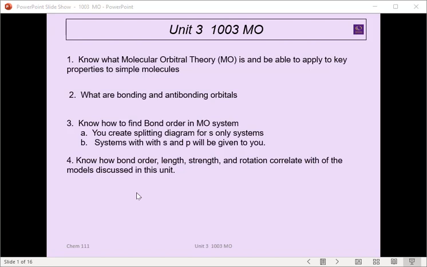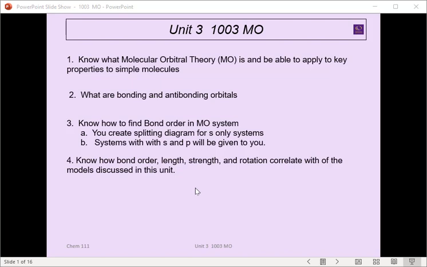A bond order of 1.5 would therefore be somewhere between the single and double bond as far as length and strength. So the application for you in Chemistry 111 is that you'll be able to determine bond order, and based on bond order, you can make some predictions.